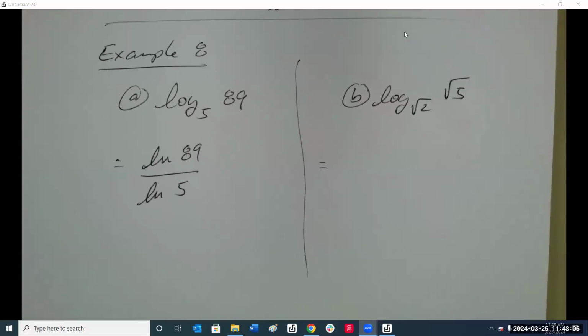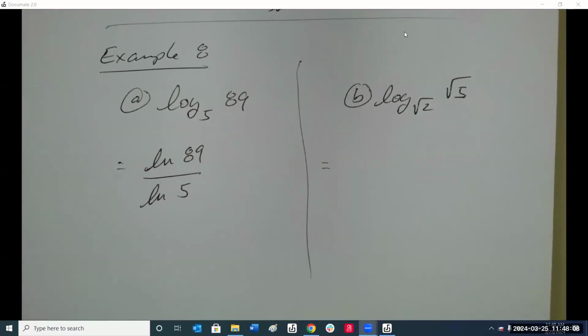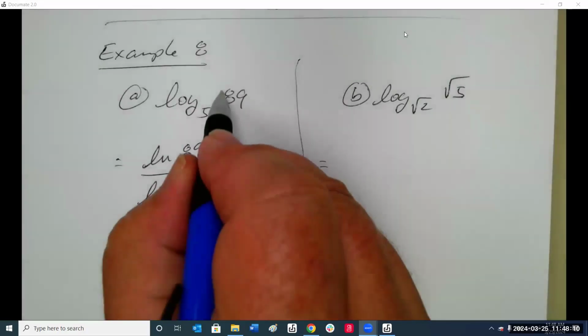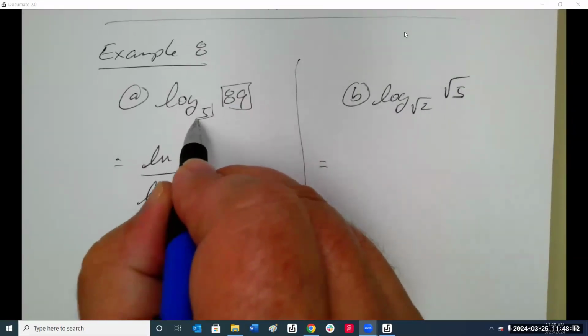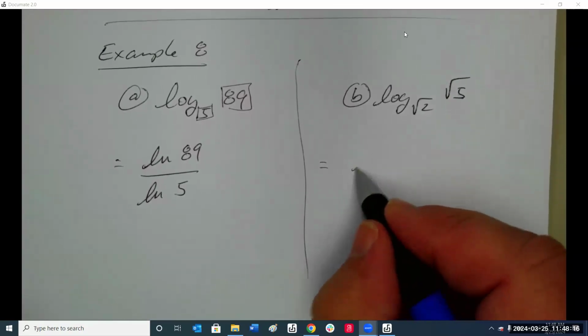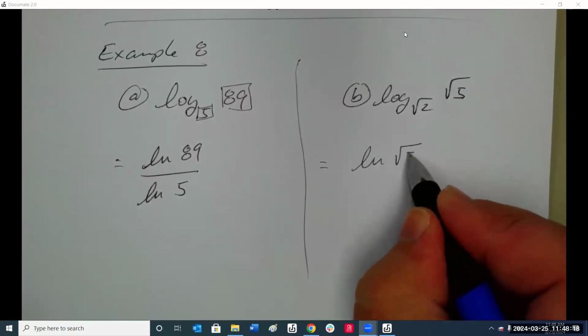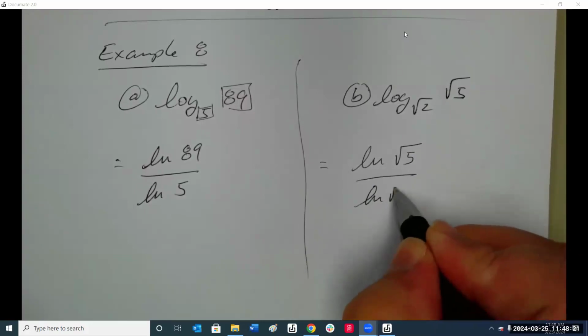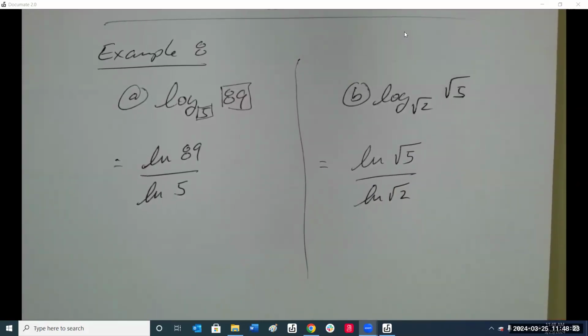Mm-hmm. And you plug that in your calculator, whatever the answer is. So whatever is out here goes on top, the base stays on the bottom. So this one, that's all the change of base does to you.